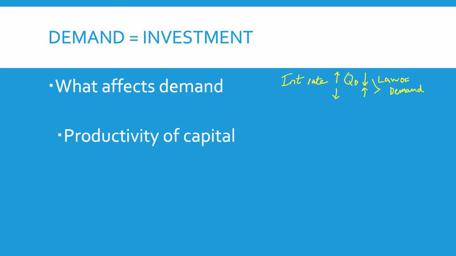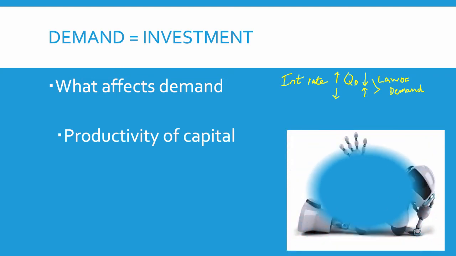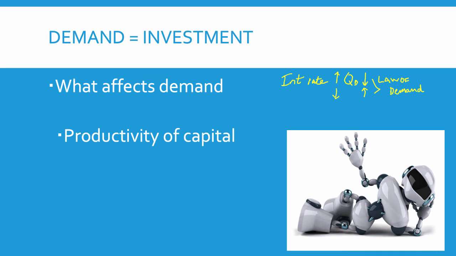So if a business is borrowing money to expand its capital so that it has more machinery, tools, whatever it needs to produce the things that it produces, then if that capital becomes more productive, it basically says, hey, the things that I buy give me a bigger return, and so I want to do more of this. So if the productivity increases, that means the rate of return increases. So you're going to borrow more at any interest rate.